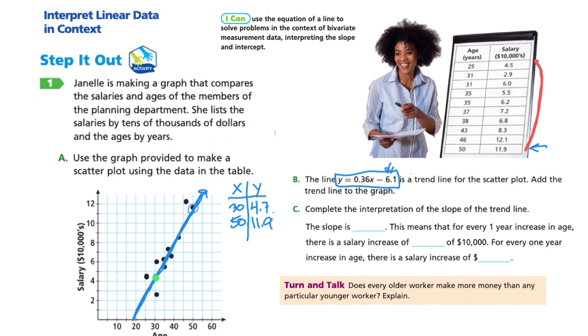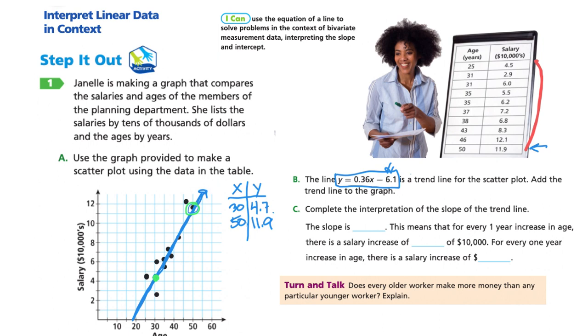And so I plugged in 50 and I got 11.9, and you can see here that's actually one of the points. So I circled that. Let me circle that in green too. So that was already one of the points on the graph. So then using those 2 points, I could draw the trend line connecting those 2 points. And you can see that's a good trend line because it really goes through most of the points and they're fairly close, most of them.